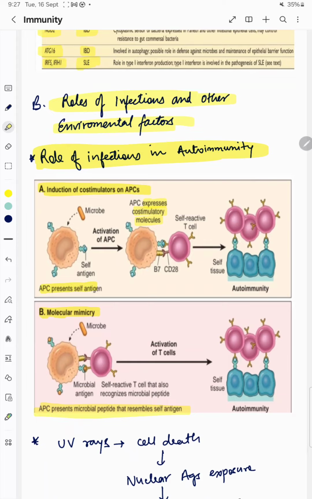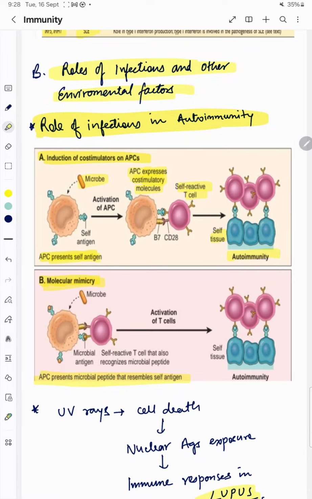Roles of infection in autoimmune diseases. Microbes incite autoimmune disease by two mechanisms. First is induction of co-stimulators on antigen presenting cells. Microbes on exposure to antigen presenting cells will result in increased expression of co-stimulatory molecules like B7 and result in excessive activation of the T cell and ultimately tissue damage.